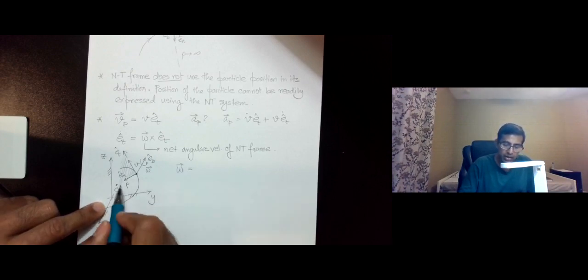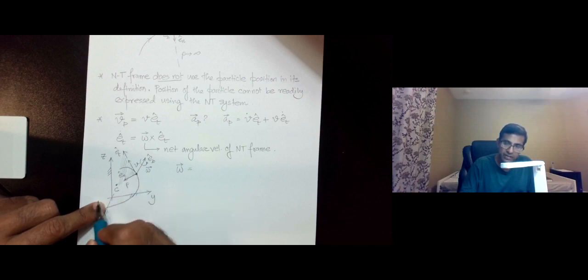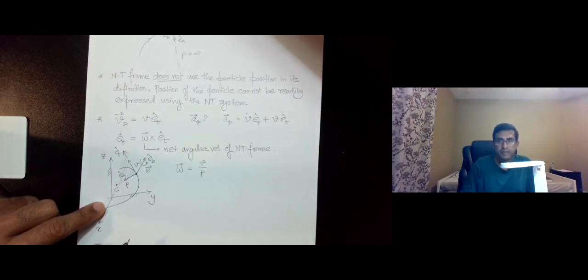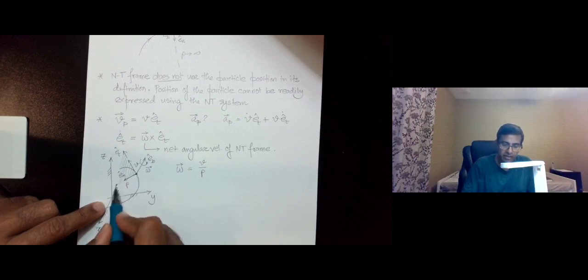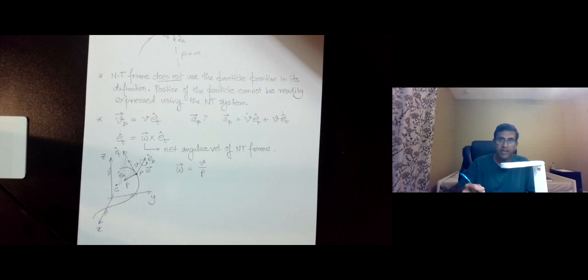Well, if the velocity of the particle is v and the radius of curvature is rho, then the angular velocity is v divided by rho, because by definition this distance P to C is the radius of curvature.